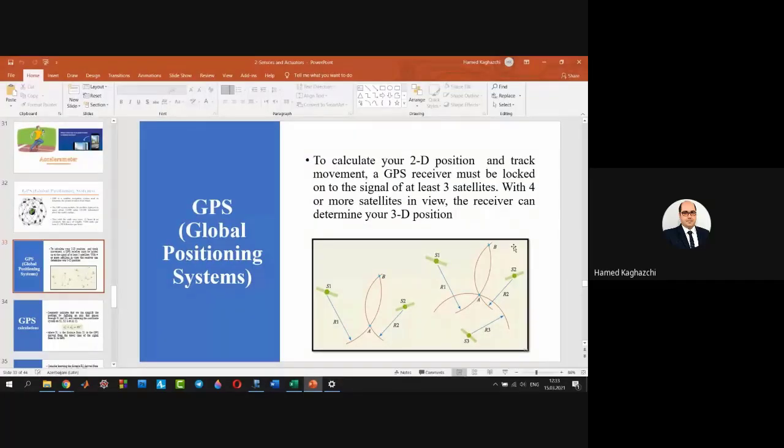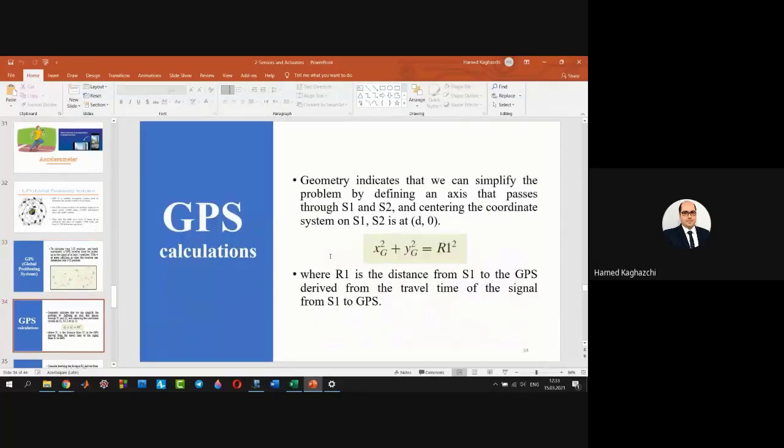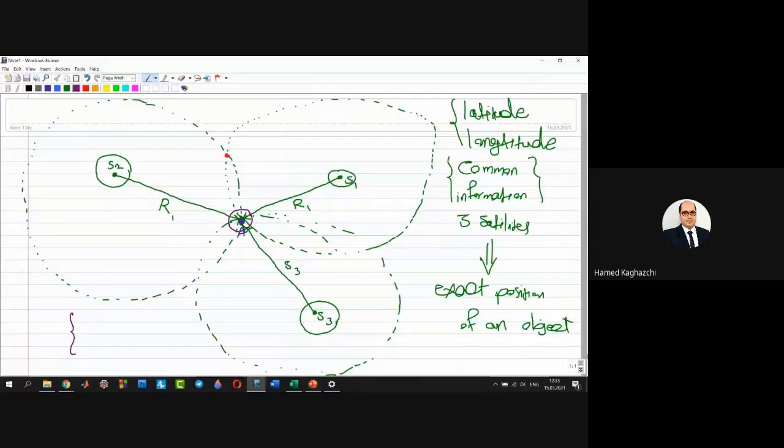We learned that for locating an object, we need to have information from three satellites. Let's calculate and learn how we can calculate this location exactly.